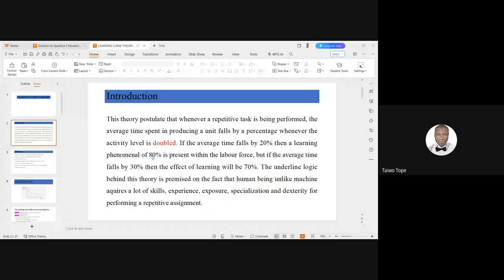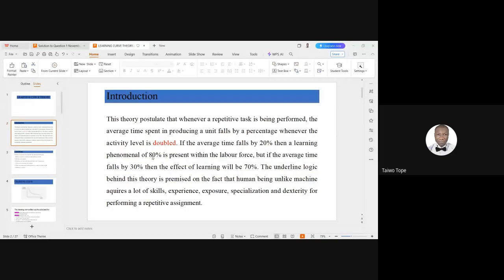Now, the key concept about learning curve is that experience improves performance. So each time cumulative output doubles, please take note of the word doubled. If you look at the slide, though I'm not speaking to the slide now, I put that doubled in red color, because when you see a question, you must note that learning curve operates based on the doubling effect.